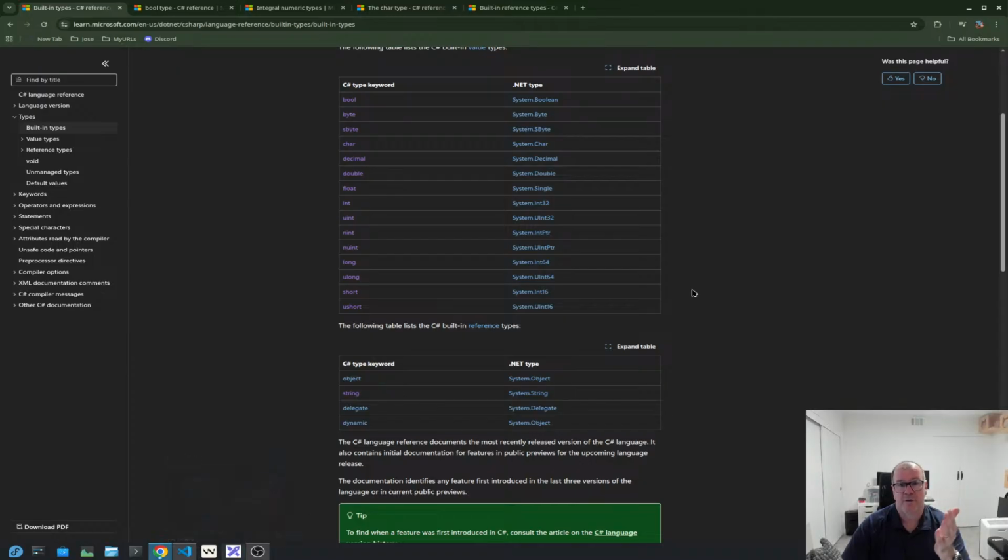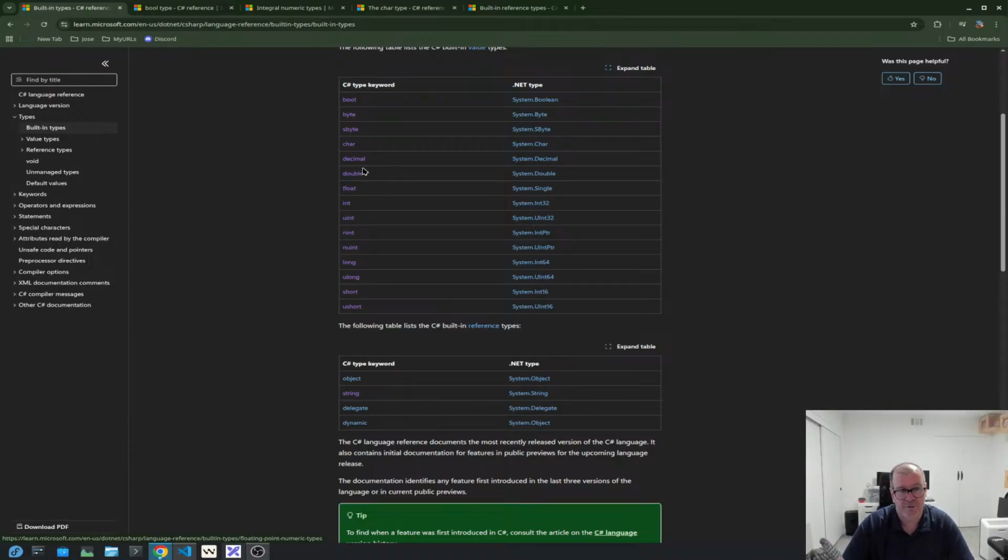There are some cases where we need to store a fraction. We need to store the decimal part of a number. And there are these three types: decimal, double, and float. Why do we have three types for decimal numbers? It is because, depending on the application, it could be a scientific application or a financial application.